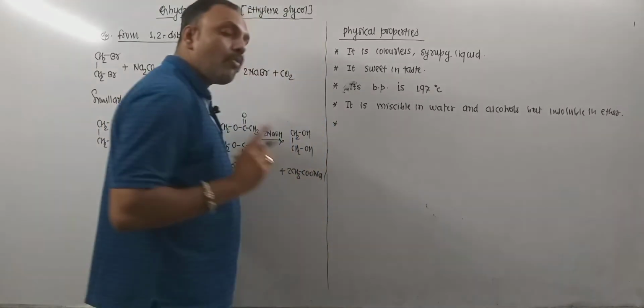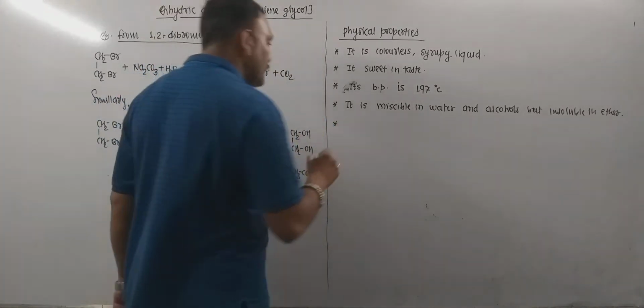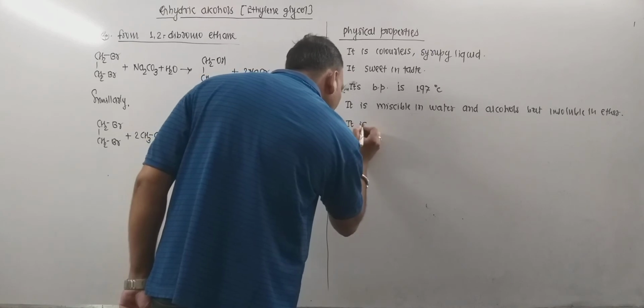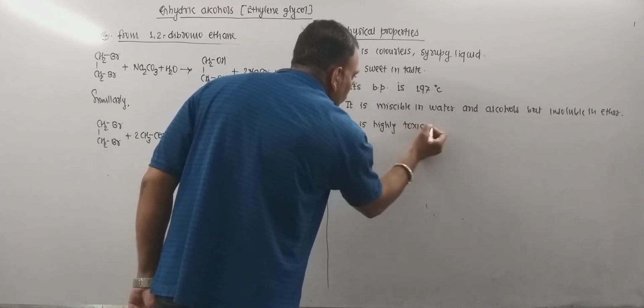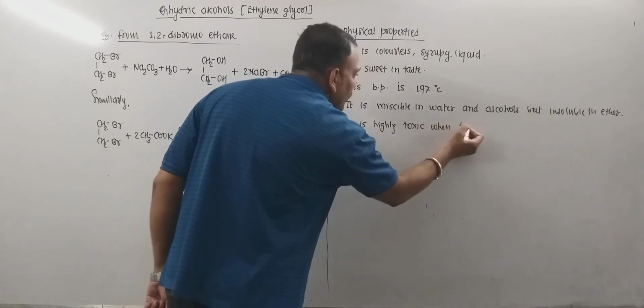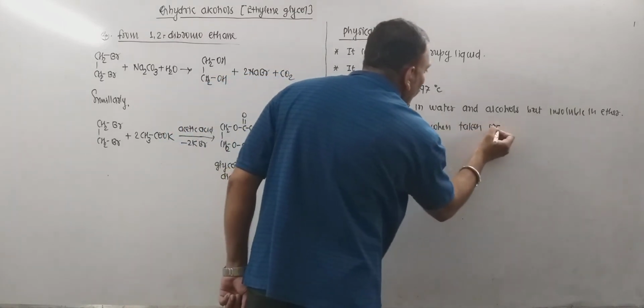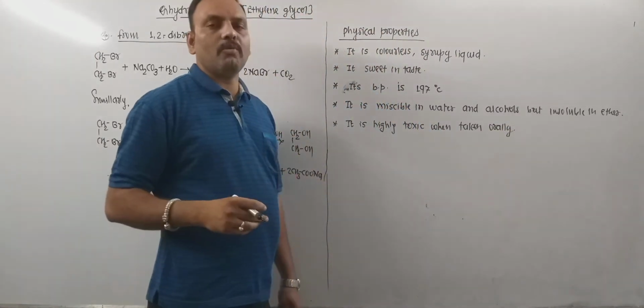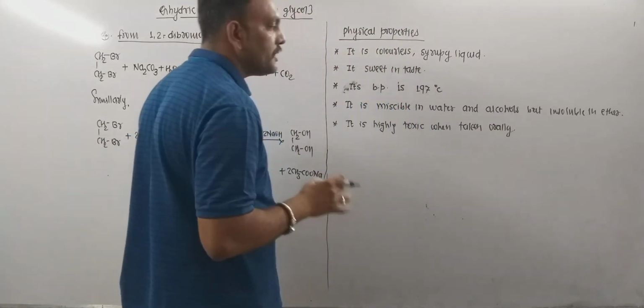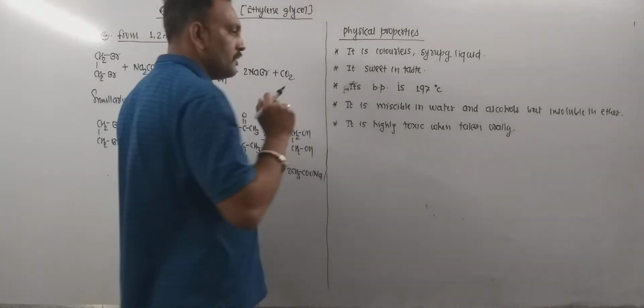And when taken orally, ethylene glycol is highly toxic. Remember, it is highly toxic when taken orally, and remember it is as toxic as methyl alcohol when taken orally, so it is deadly poisonous, I must say.